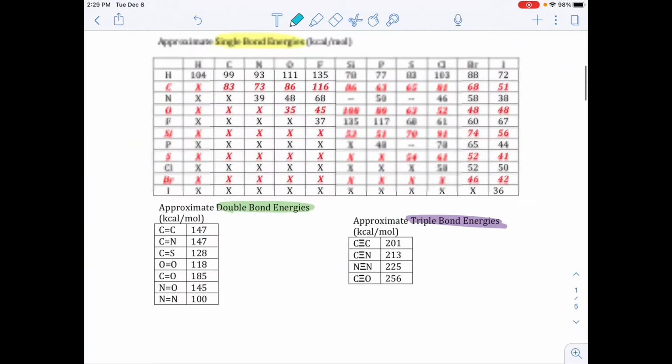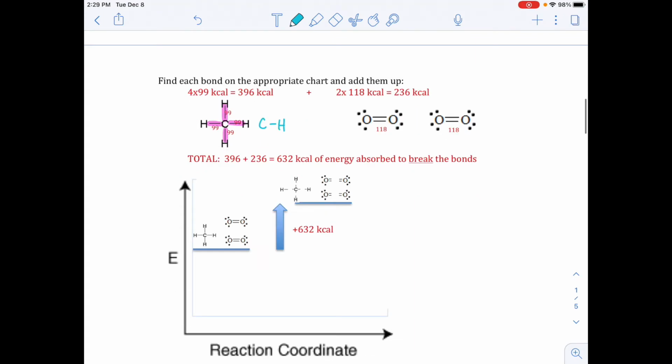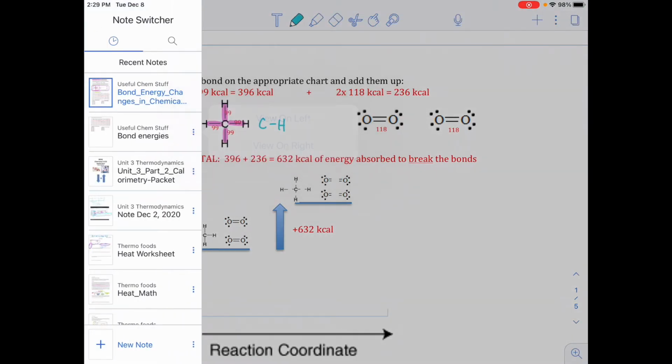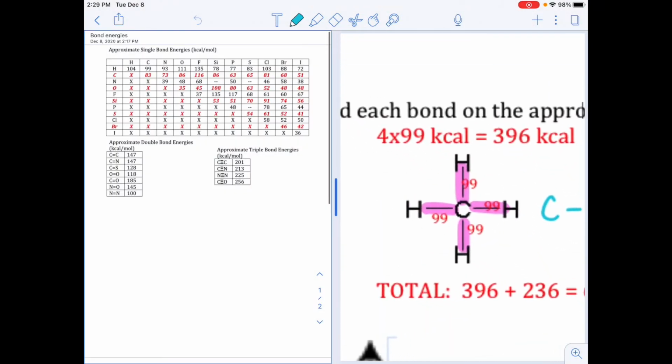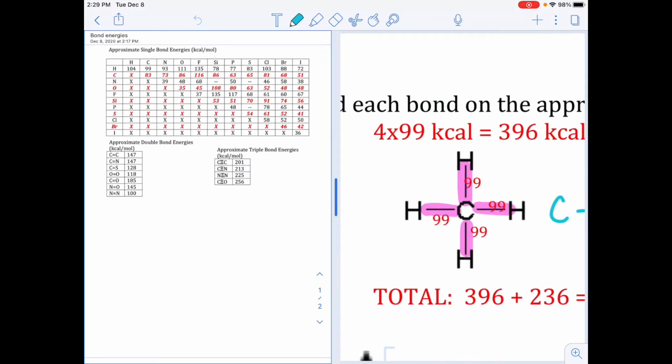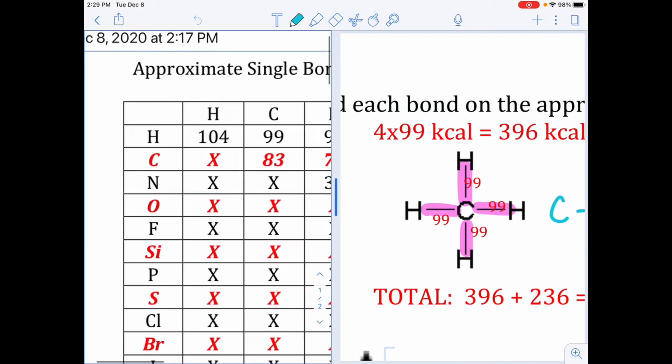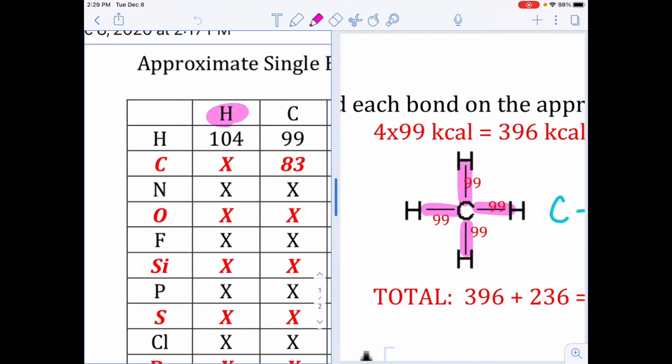I can put this on the left so we can do two things at once. This would be a very useful thing for you to also do. Now some people get confused. They look at this and say hydrogen, carbon. Oh, it's got an X in it. All that means is that this table's kind of doubled, it just repeats itself.